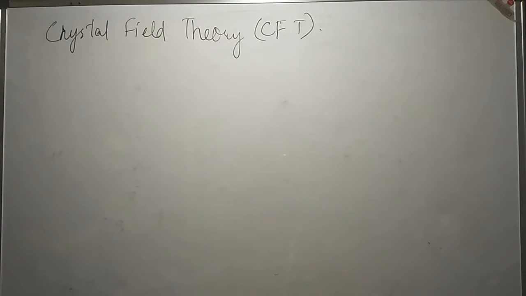But when a ligand approaches the central metal ion, the electrons present in each of the orbitals, especially the d orbitals, are affected.